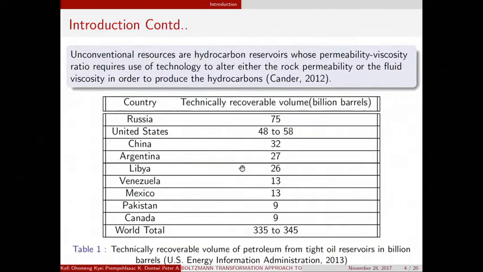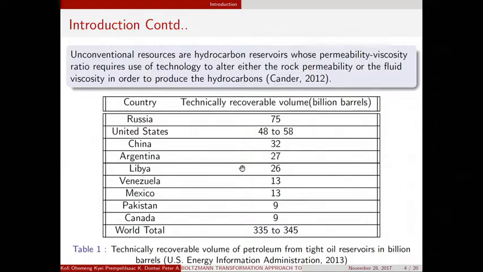Now, unconventional resources have a lot of definitions in the world. Several researchers define them based on a threshold, saying that all reservoirs with permeability of less than 0.1 millidarcy can be classified as unconventional.